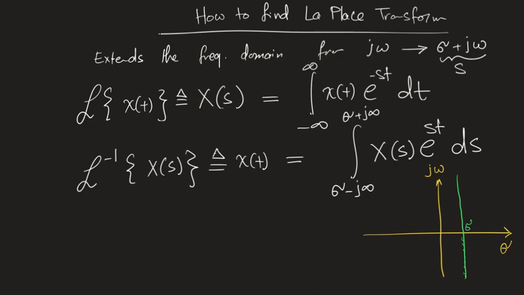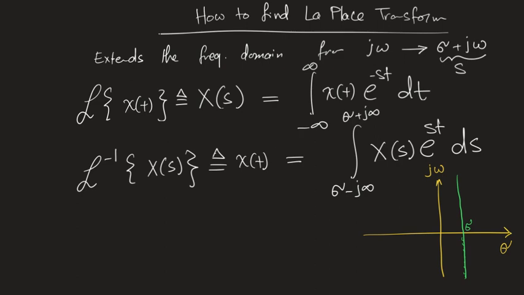But anyways, it doesn't matter to us that much. You don't need to worry about it that much. It just explains one important thing, that we still vary our frequency across the whole range when we are calculating the Laplace transform. So we are covering the whole frequency range again, but we are giving our frequency another dimension called sigma. We are making it a two-dimensional frequency. Why is this useful?